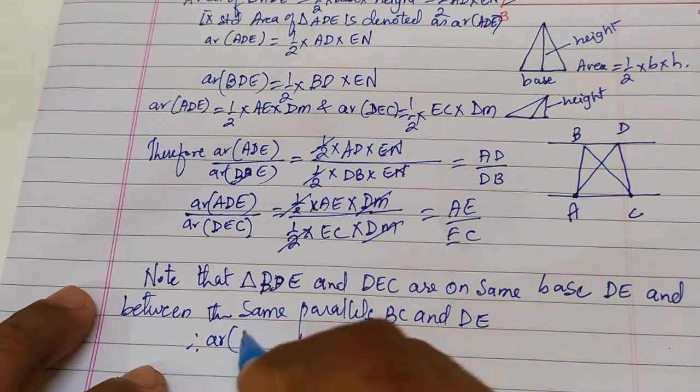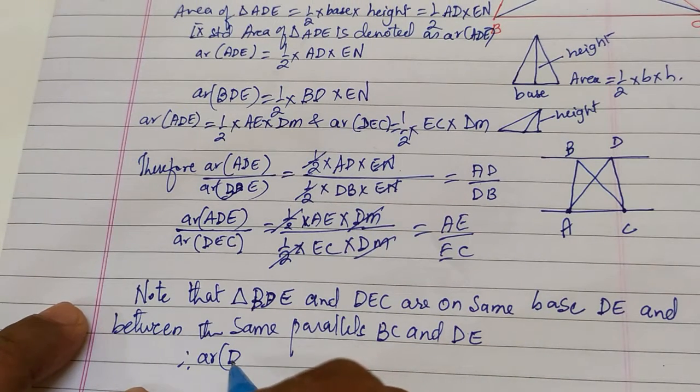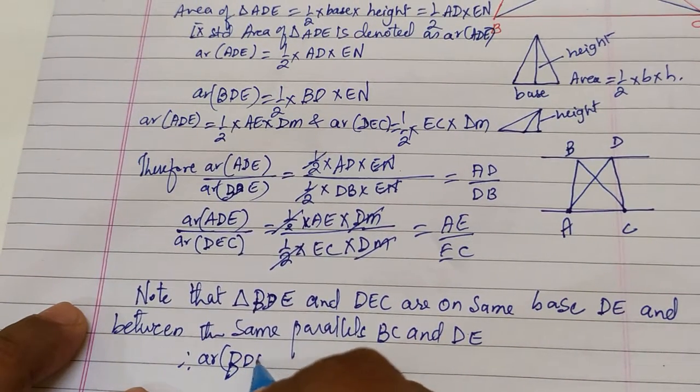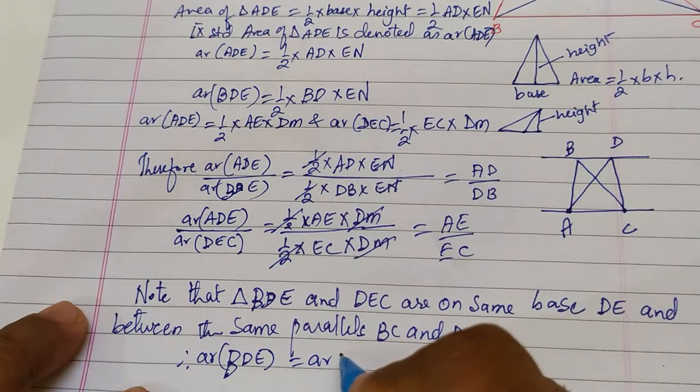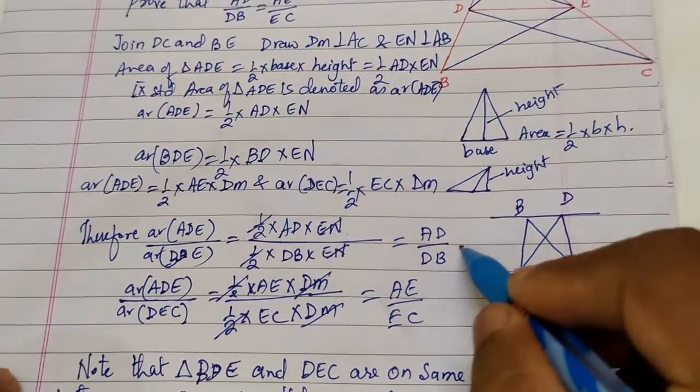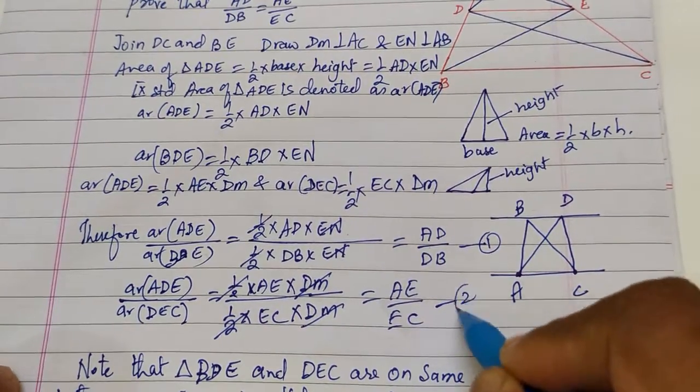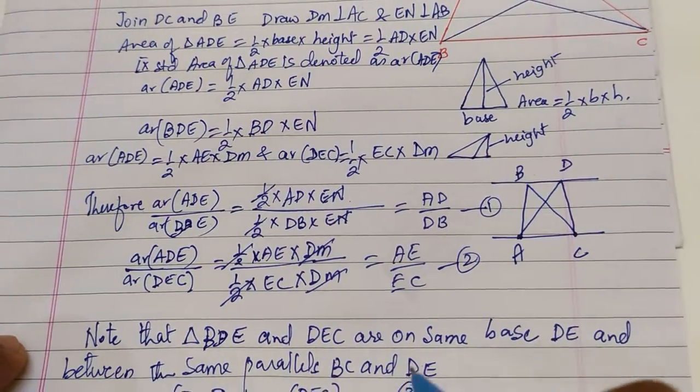Therefore, area of BDE is equal to area of DEC. So these are the three statements: this is 1, this is 2, and this is 3.